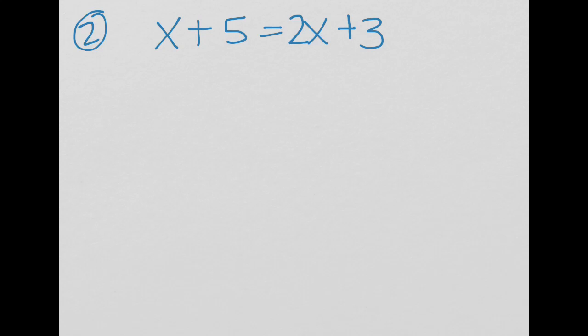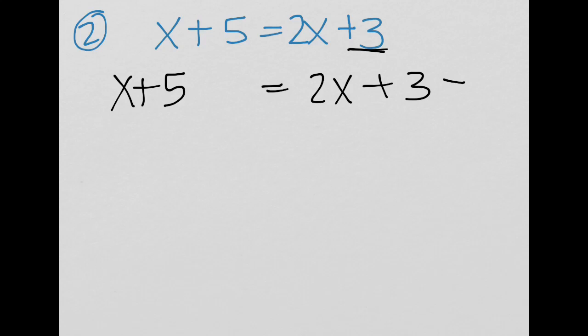Now let's take a look at the second rule, which is isolate the variable. First I want to get rid of this 3. What am I going to do? I'm going to add a negative 3, or subtract the 3 from the right-hand side. But what I do on one side, I have to do to the other side, so I subtract 3 from the left-hand side as well.